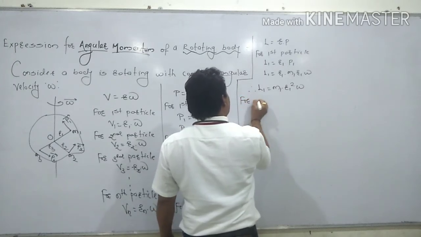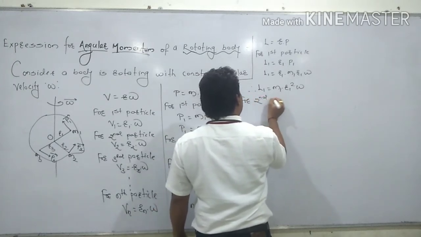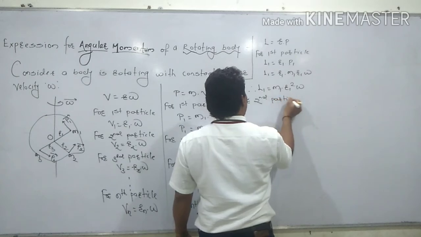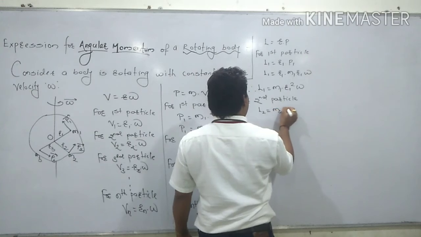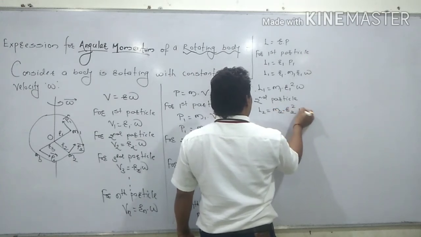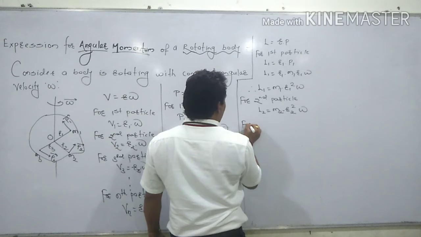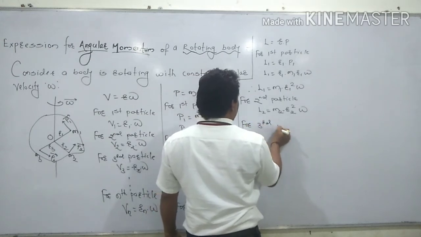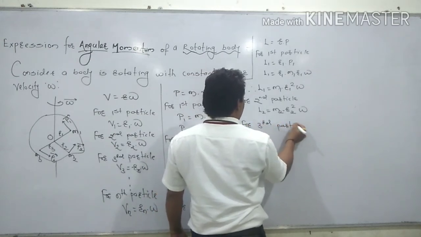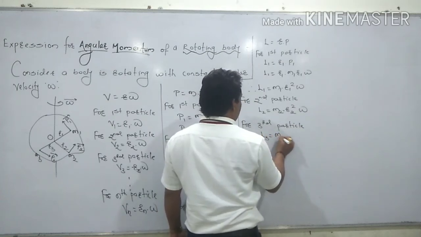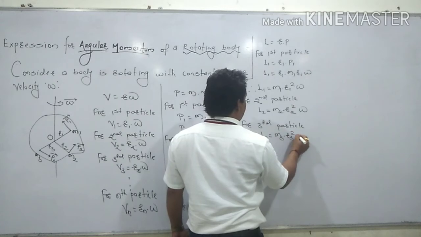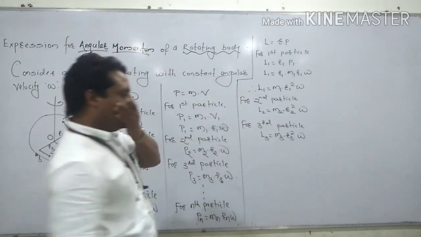Then for the second particle, L2 is equal to m2 R2 square omega. For the third particle, L3 is equal to m3 R3 square omega.